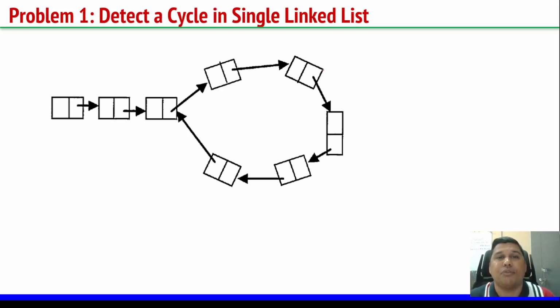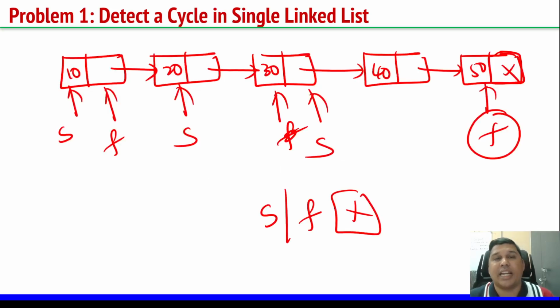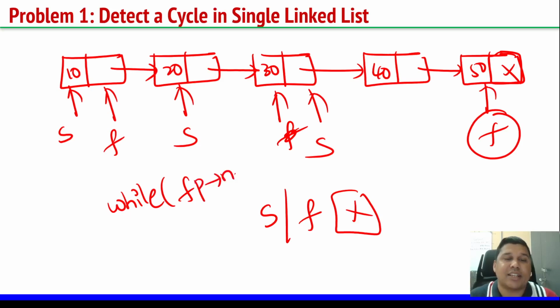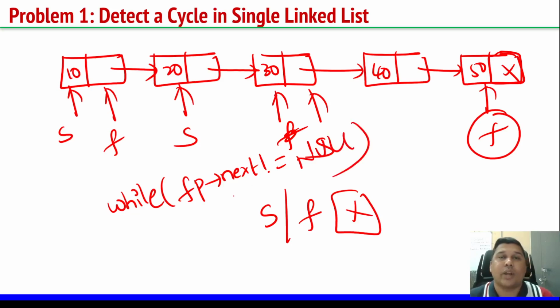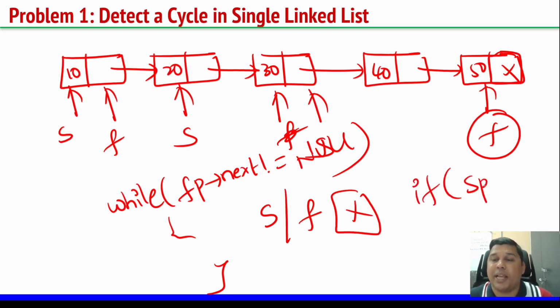So what is your condition check here? The condition check here is: while your fast pointer's next is not equal to null, you repeat this process. In this while loop, if at any point your SP is equal to FP, you will say cycle exists.